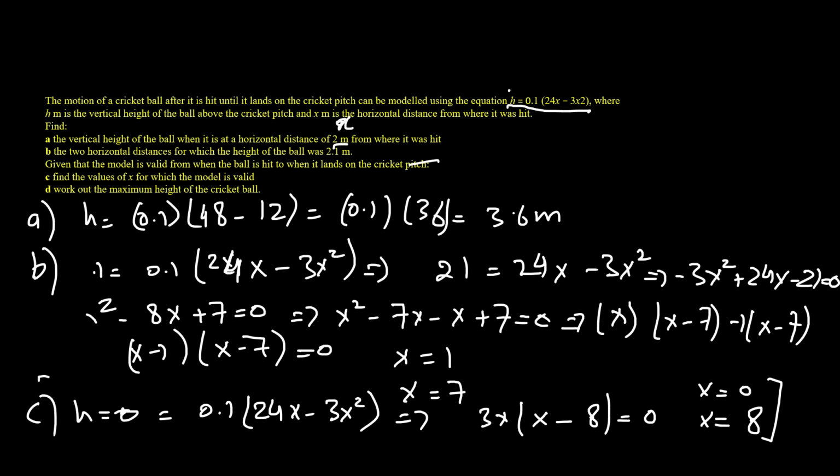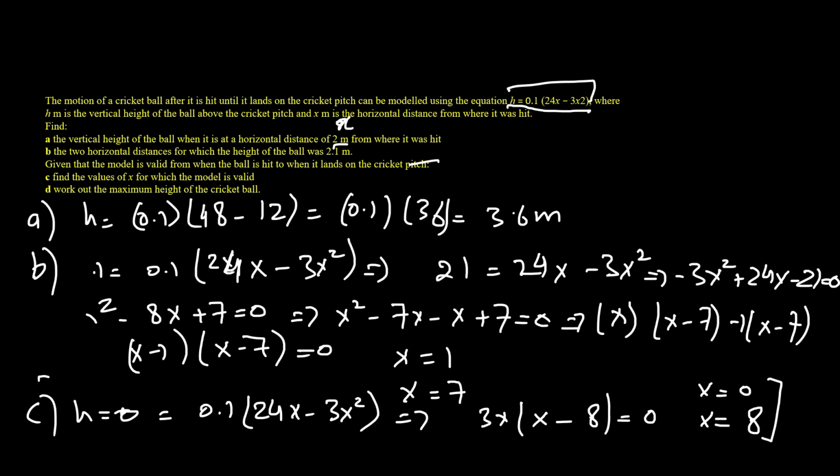It will give us the first derivative, and by putting the first derivative equal to 0, we will get the extreme value, maxima or minima. We will equate it to 0.